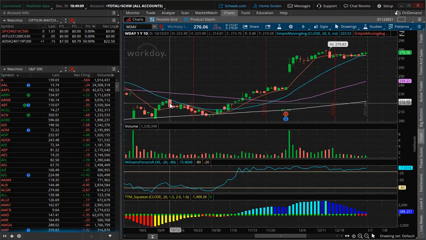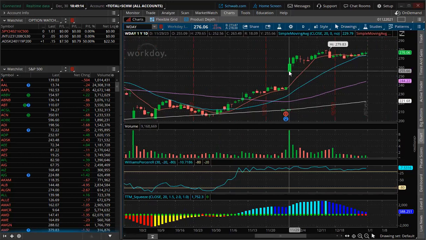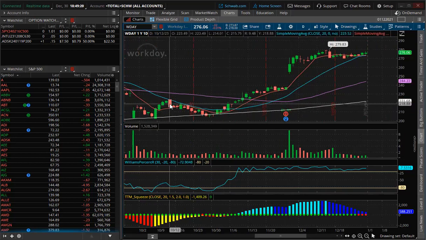So red is selling, green is buying during certain time periods. The red candlestick usually indicates that the bearish traders are dominant during that specific time period. And the green candlestick usually indicates that the bullish traders are dominant during that specific time period, buying stock.